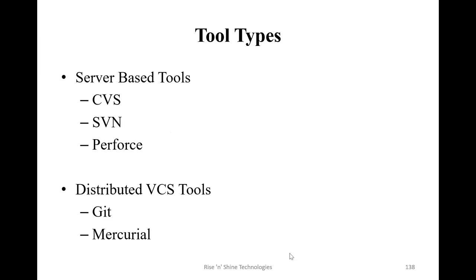Once Apache is installed on the server, we use the browser to access the Apache URL. That is a client and server architecture. So SVN uses a client and server architecture, and Git uses the distributed version controlling architecture. What is distributed?